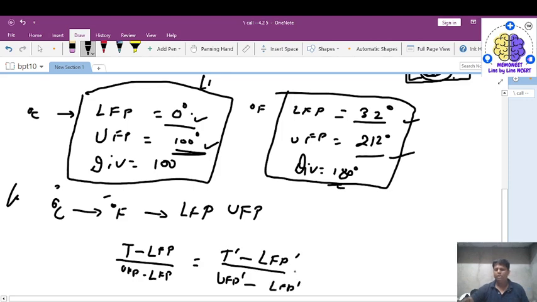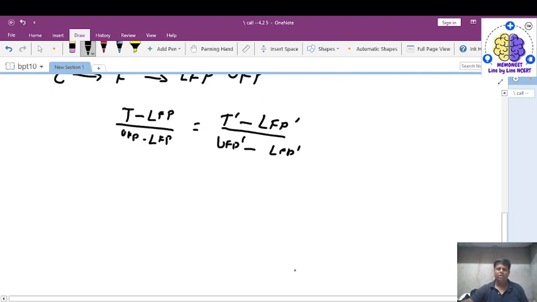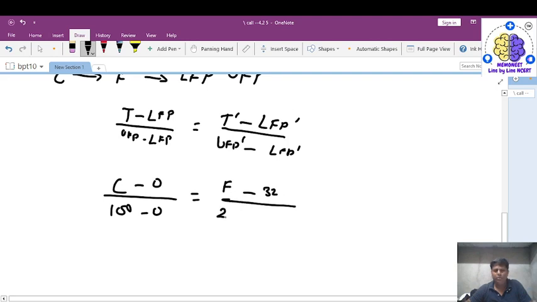Now suppose we need to convert from degrees centigrade to Fahrenheit. The conversion formula will be: temperature in degrees centigrade minus lower fixed point 0, upon upper fixed point 100 minus lower fixed point 0, is equal to temperature in Fahrenheit minus lower fixed point 32, upon upper fixed point 212 minus lower fixed point 32.